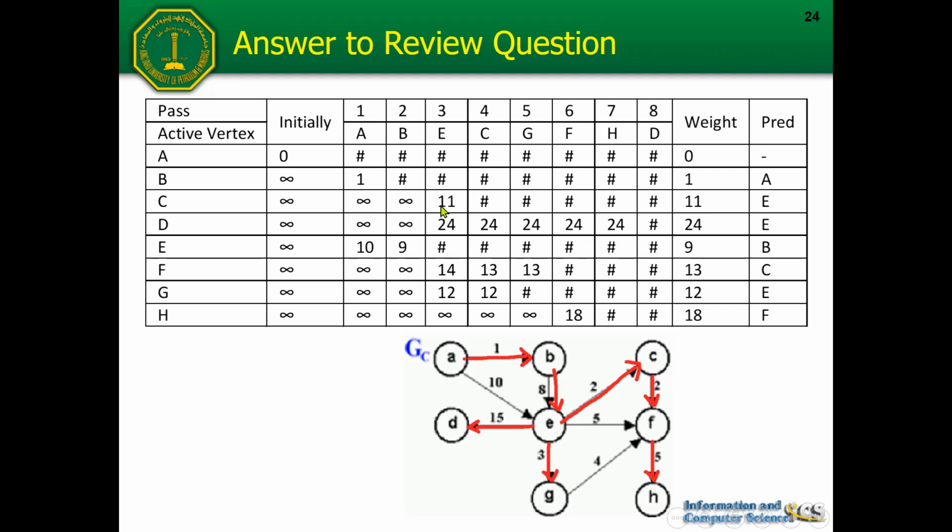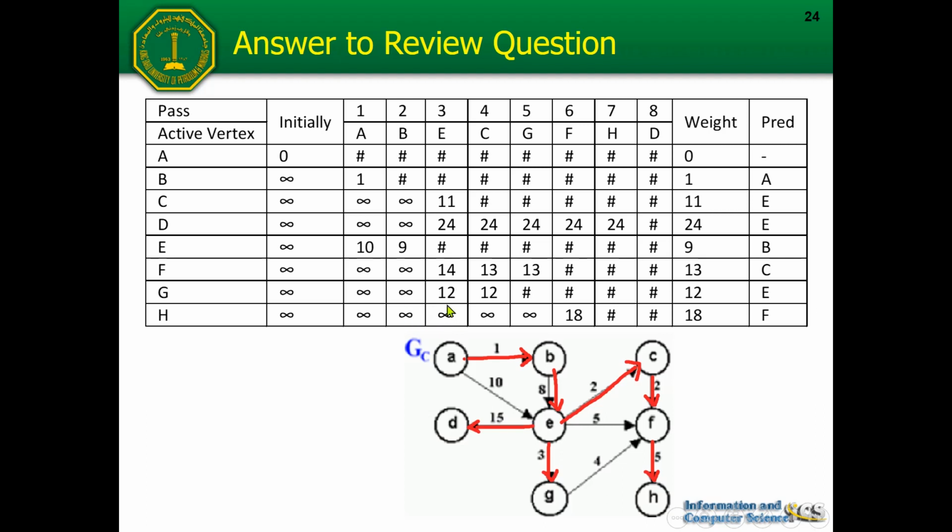To D, 9 plus 15, 24. To F, 9 plus 5, 14. To G, 9 plus 3, 12. Then for the remaining ones, we just copy the previous value.